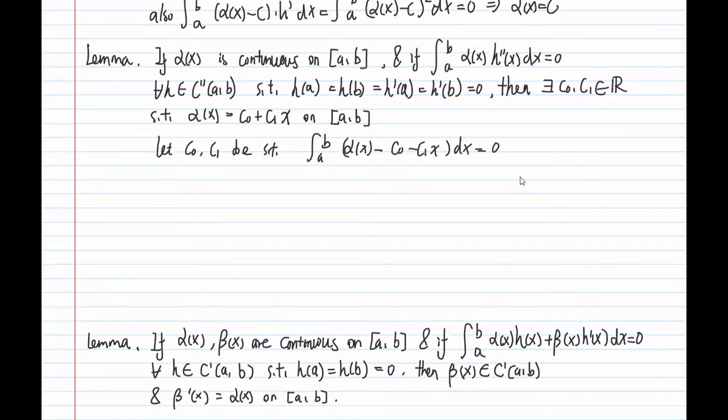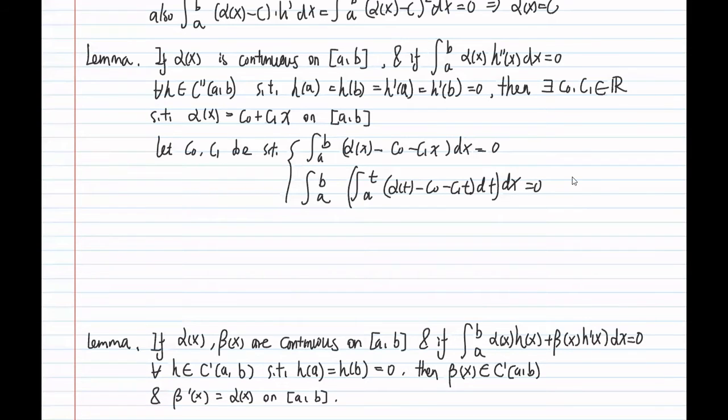So we would also have the condition that the integration from a to b of the integration from a to t of alpha t minus C0 minus C1 t dt, as a function of the integration with respect to dx, would also equal 0.